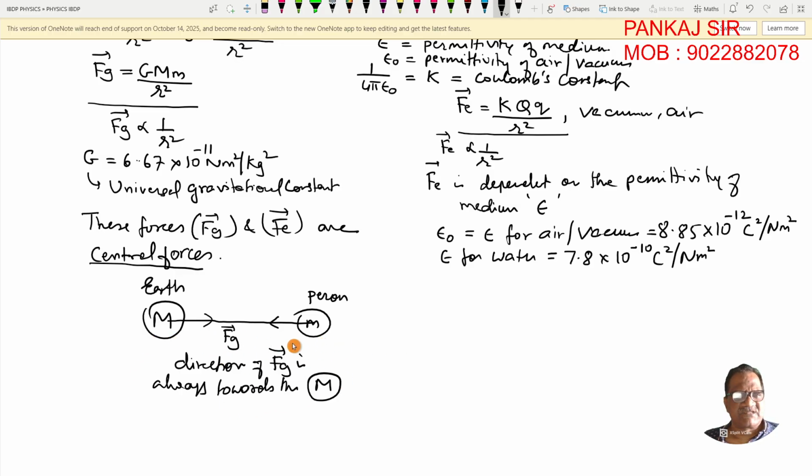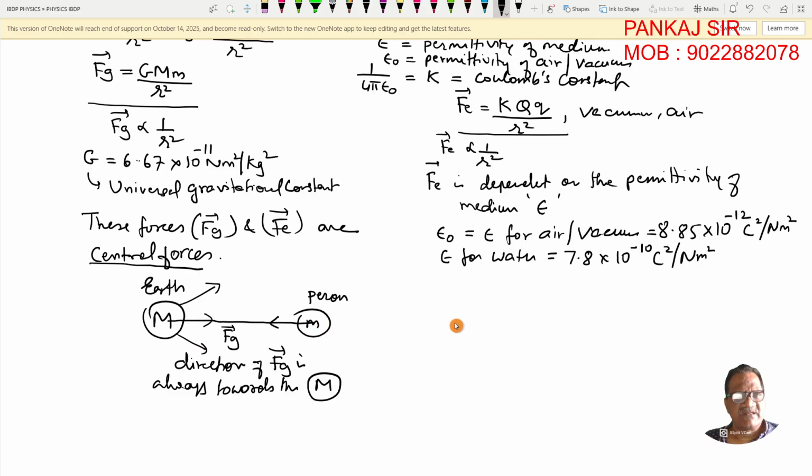So central forces will always act along the line joining the two masses. You cannot expect this gravitational force to be in some other direction. It will always be along the line joining the centers of the two masses.